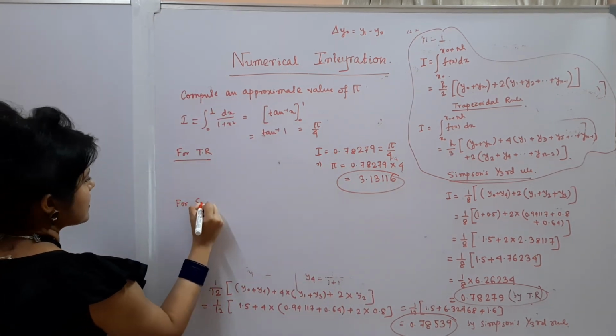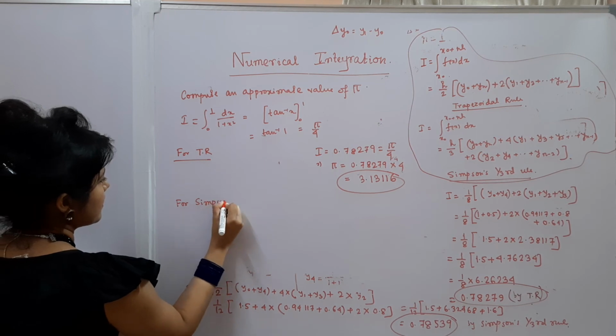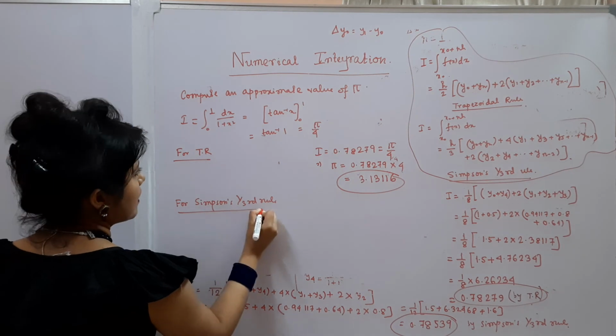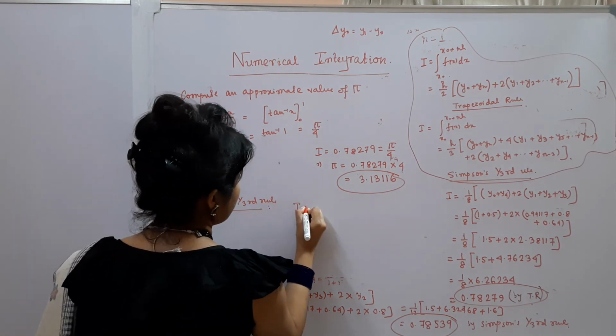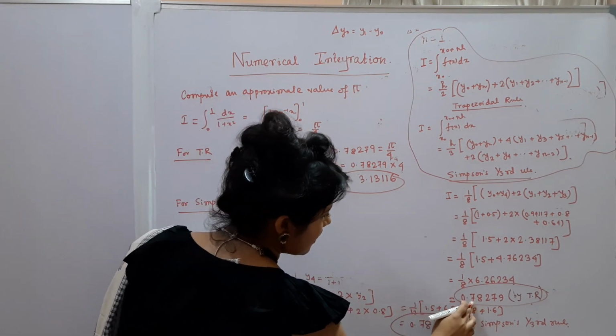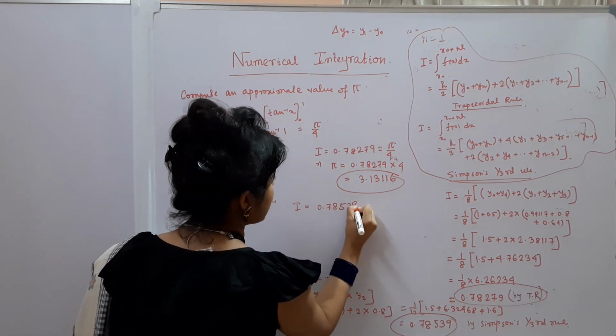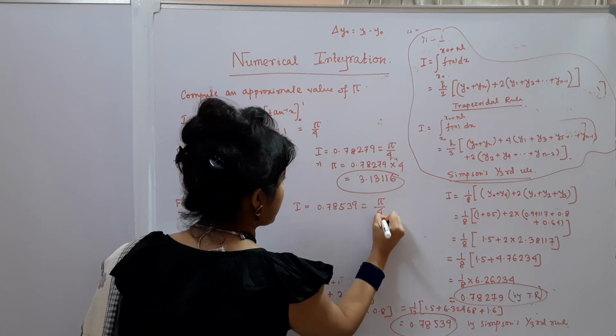Now for Simpson's 1/3 rule, the I was 0.78539, and that is equal to pi by 4.